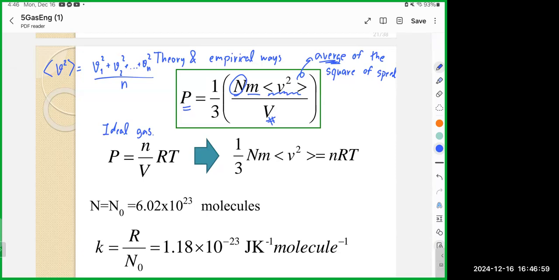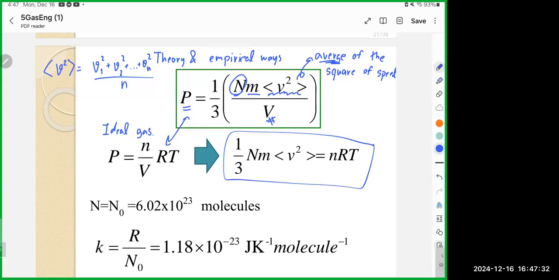However, we can use statistics to find the average of this value, not by measuring each one by one. No, we don't do that. We can use the statistics of the molecules. Okay, when you combine the relations, you get this relation.